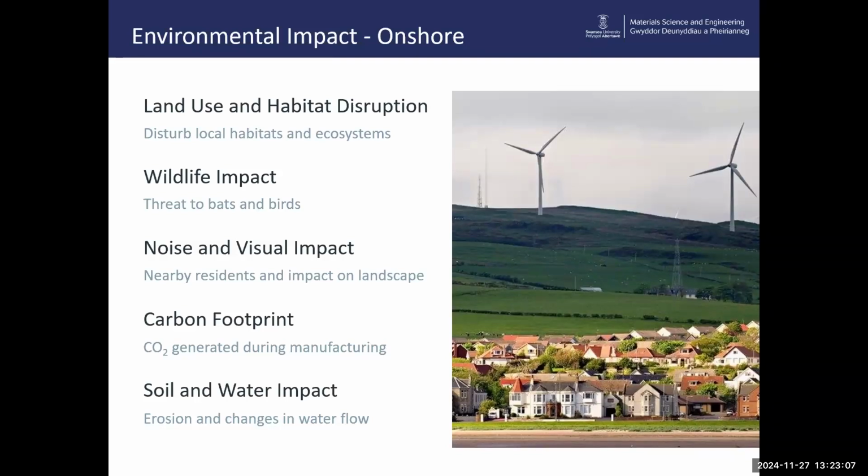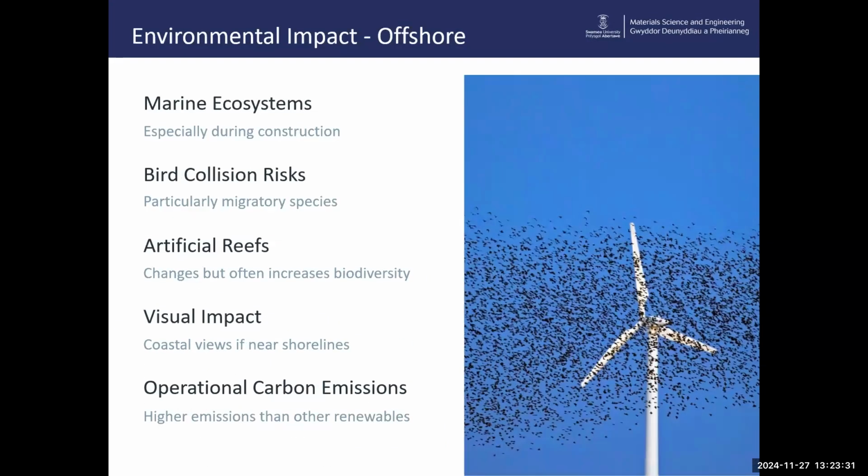Carbon footprint: even though they don't give off carbon dioxide when they're running, it's often generated during manufacture. So that needs to be considered, and impacts to the soil and water, changing the flow of the water naturally and the erosion of the soil as well. So all these things need to be considered before installing a wind turbine.